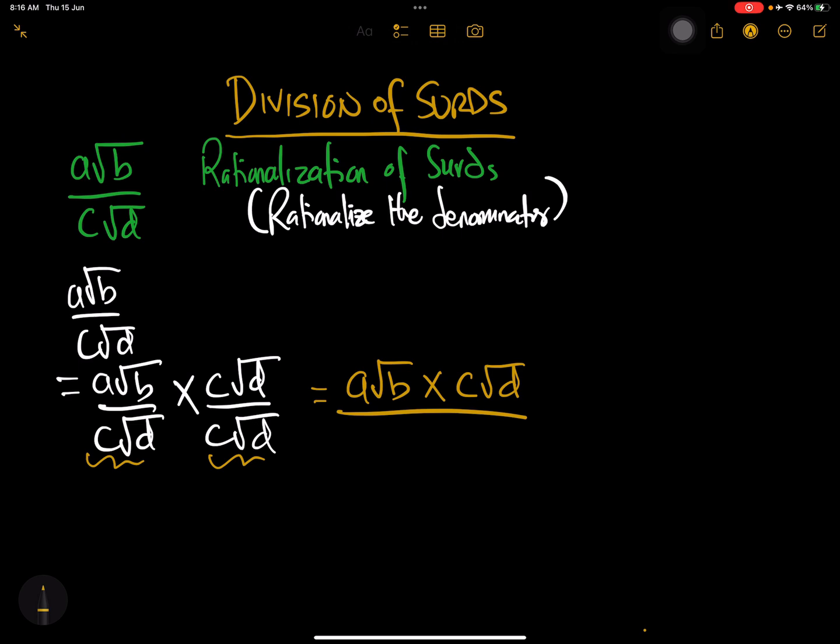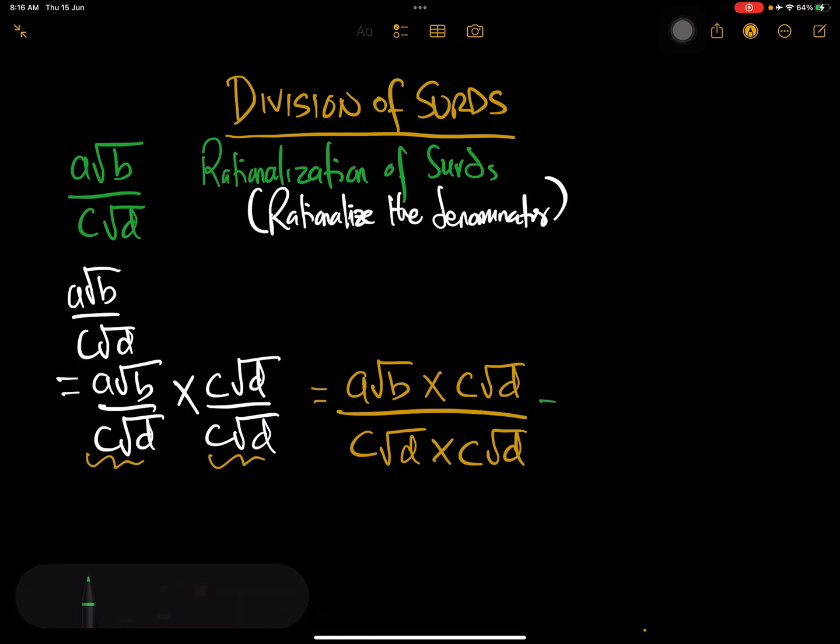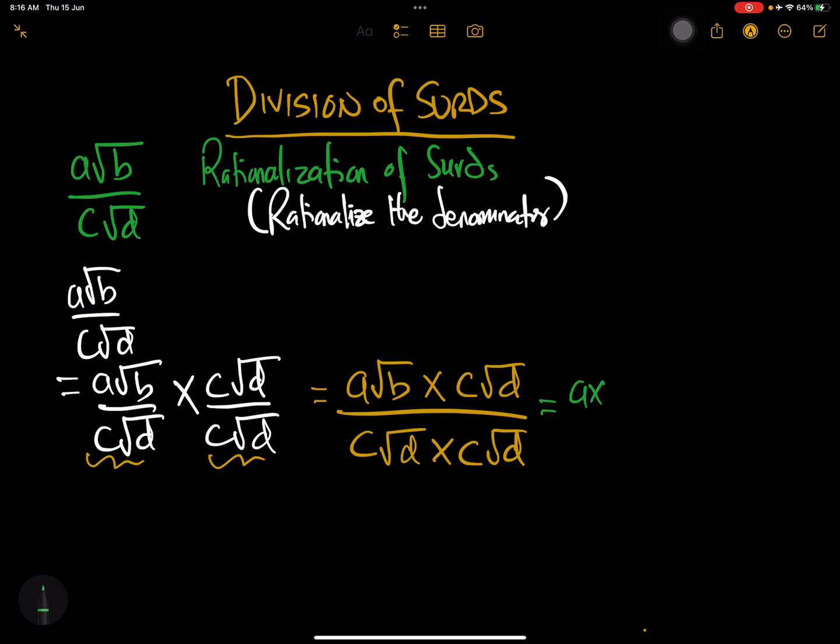And then the denominator, we also multiply the denominators together, which is c square root of d multiplied by c square root of d. The rules of multiplication say that we multiply the a times the c, and this and this will go into one parenthesis, and then the square root will take the b times the d.